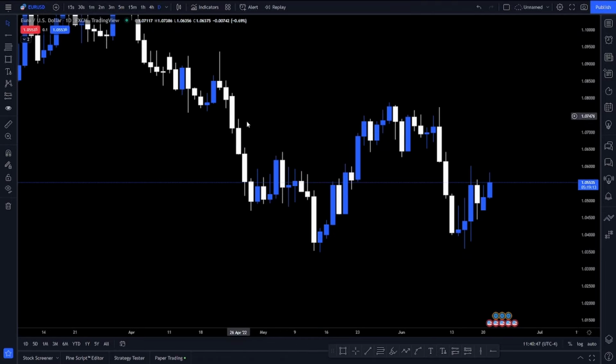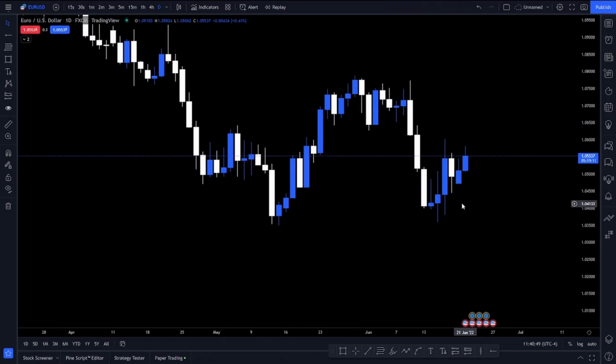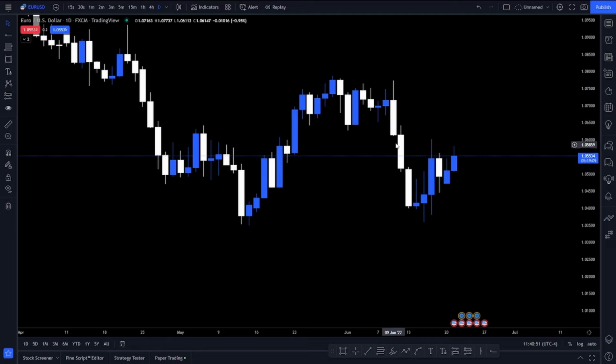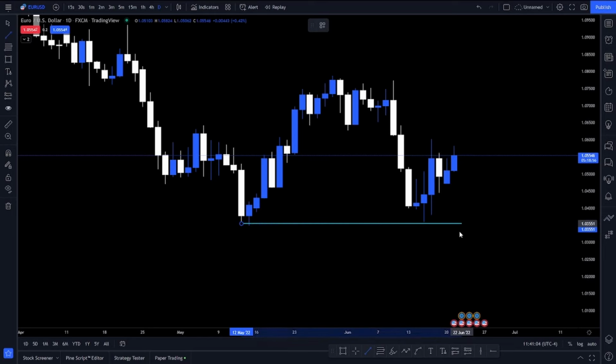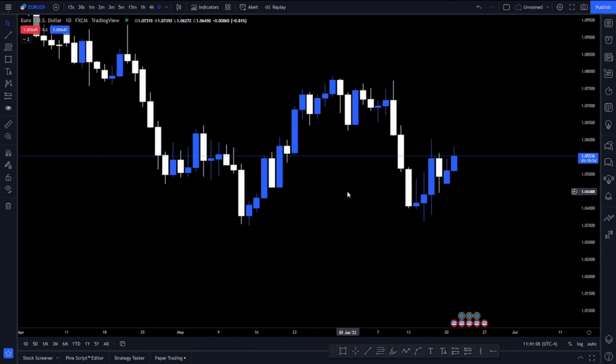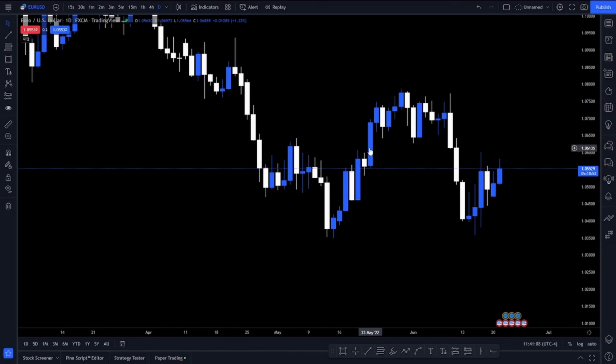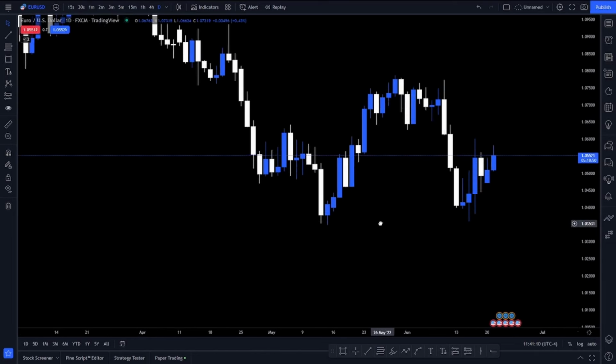Like right now, you can see that price has reached this fair value gap, and there is another fair value gap over here. So price can reach and fill this fair value gap, and then can fall down into this sell side liquidity.